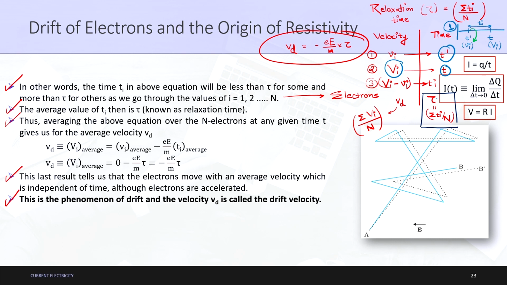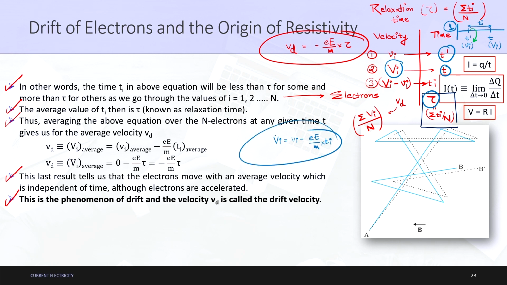So a concept called relaxation time was defined, and similarly, using the velocities capital Vi for different electrons, the average value is the summation of capital Vi by capital N, which is equal to Vd. Also, using a deceleration concept, we got the formula for capital Vi, which is small vi minus eE by m into ti.